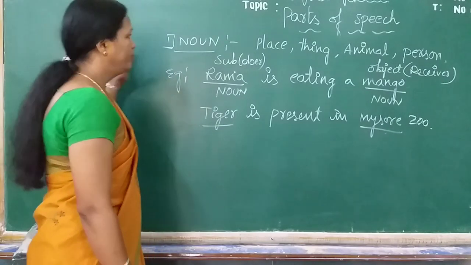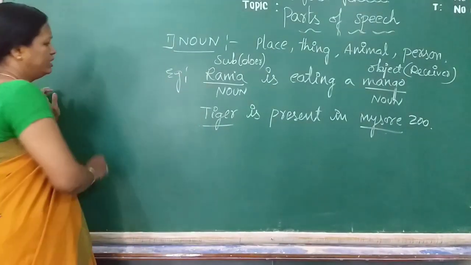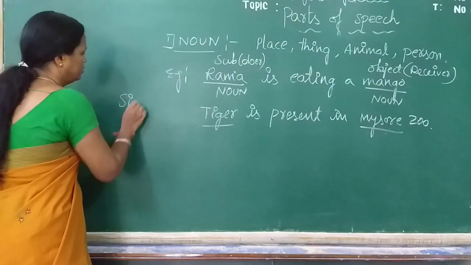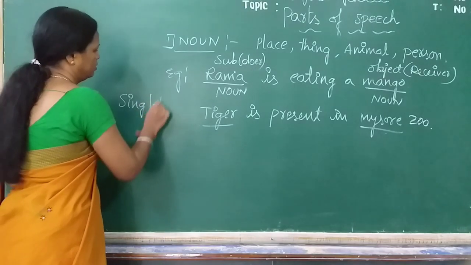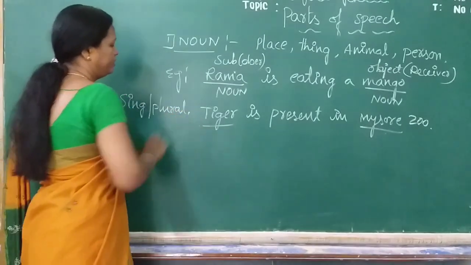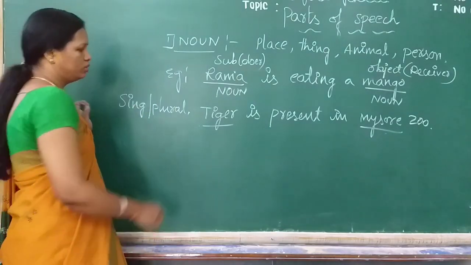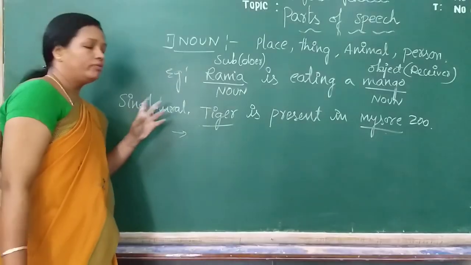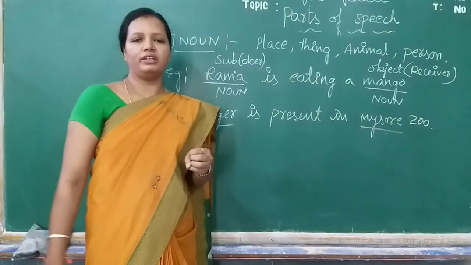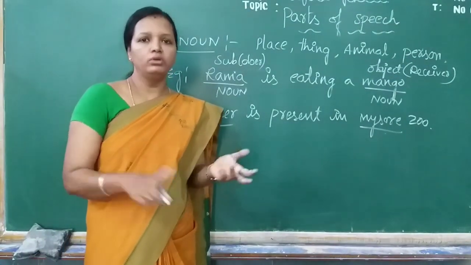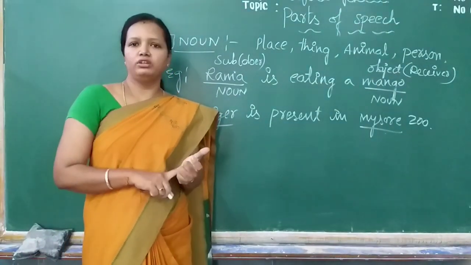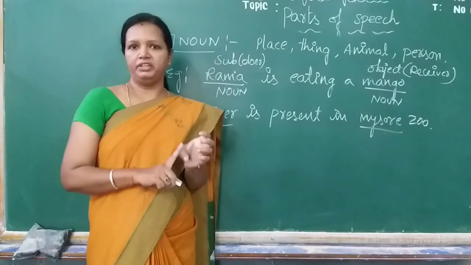And also if you take a singular and plural of the subject, we have different types of nouns also. That is, there are 5 types of nouns. One is the proper noun, common noun, abstract noun, collective noun and material noun.